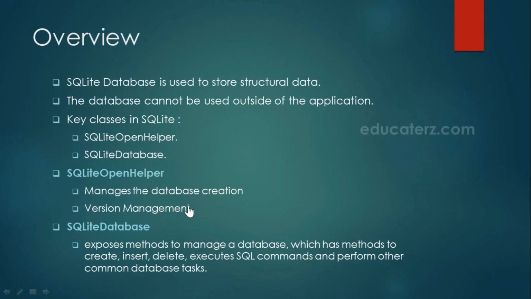Version management is nothing but, for every application there will be versions like the first version, second version, third version. In the same way, the database will also have a version. Next, the SQLiteDatabase class exposes the methods to manage our database, like insert, create, delete, execute your SQL queries, and perform the general database tasks.